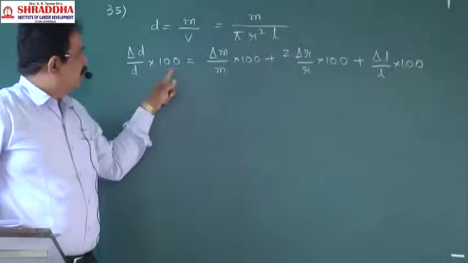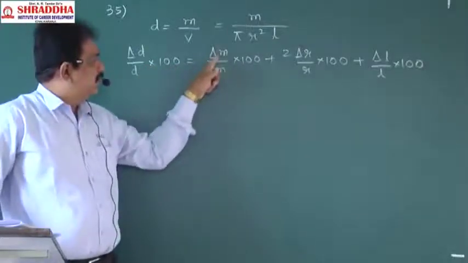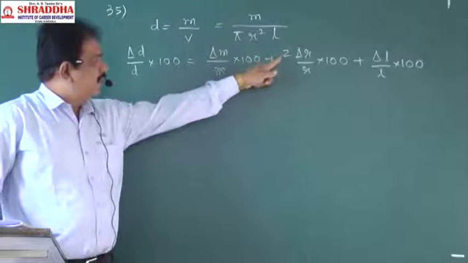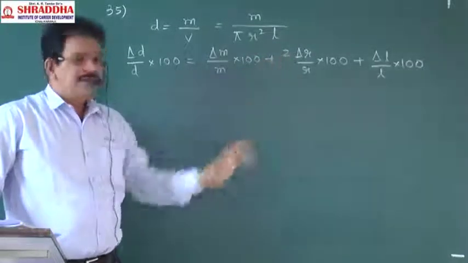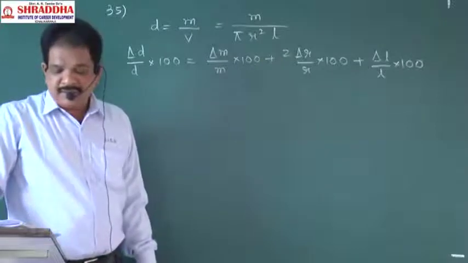So the percentage error in the density means delta m by m into 100 plus 2 into delta r by r into 100 plus delta L by L into 100.